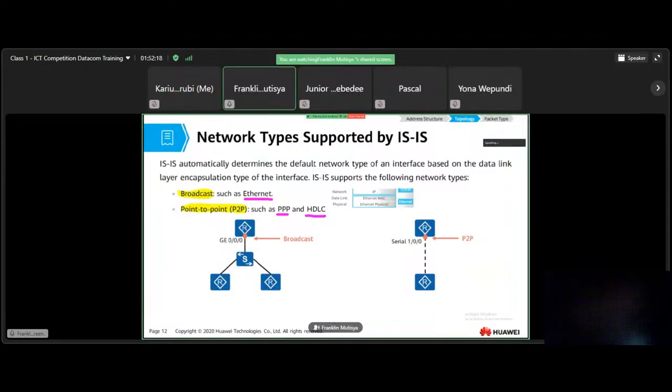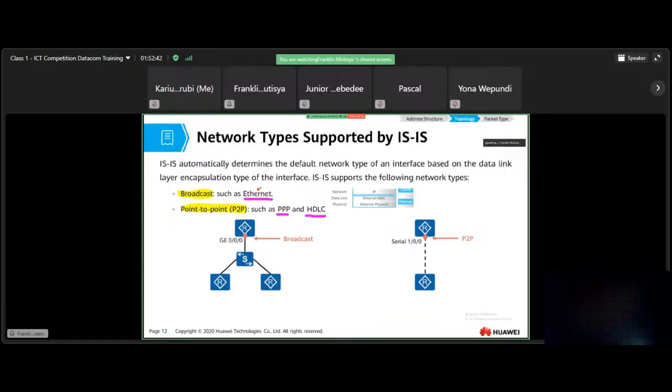Let's look at network types that are supported by ISIS. ISIS supports two network types. We have what we call broadcast network and point-to-point. At the data link layer, broadcast is defined by the Ethernet protocol.